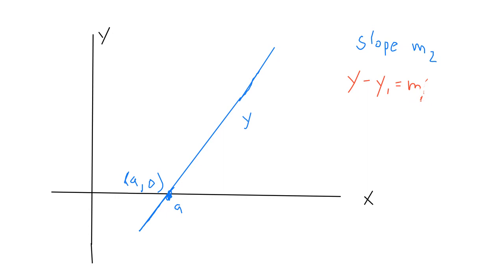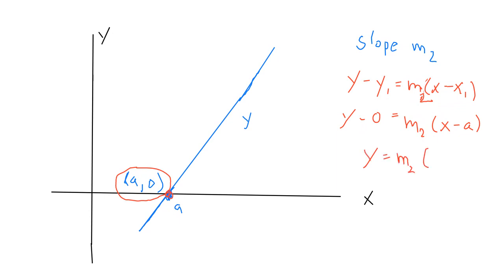So the coordinate that's on that line is a, 0. So y minus 0 equals m2 times x minus a. Therefore, y equals slope m2, whatever it is, times x minus a. See that?